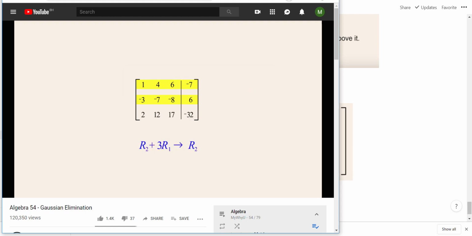We start by multiplying row 1 by 3, and add the result to row 2, replacing row 2 with the sum.